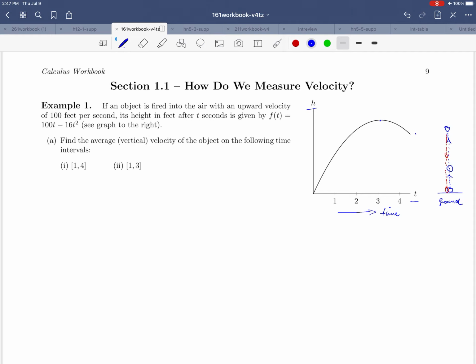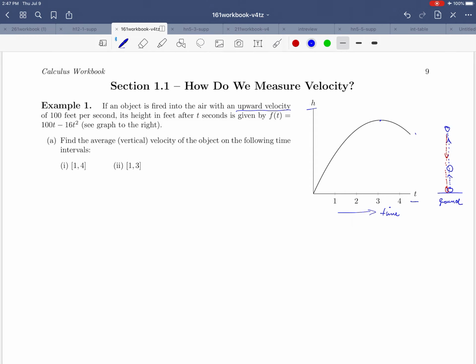Now, we would like to know, how fast is this object moving? How fast is it moving up and then moving back down again? So what we are asking for is the velocity, the upward velocity of this object.